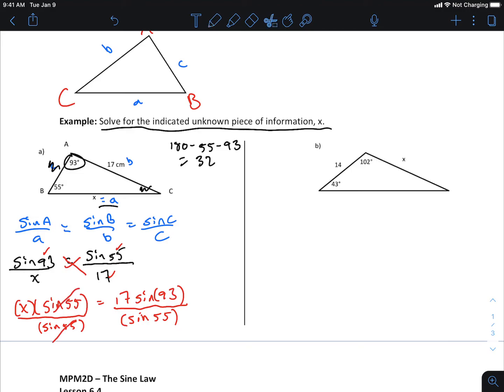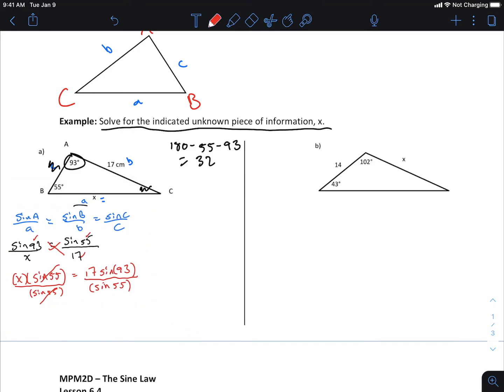All you guys have to do is solve for x. How are we going to do that?